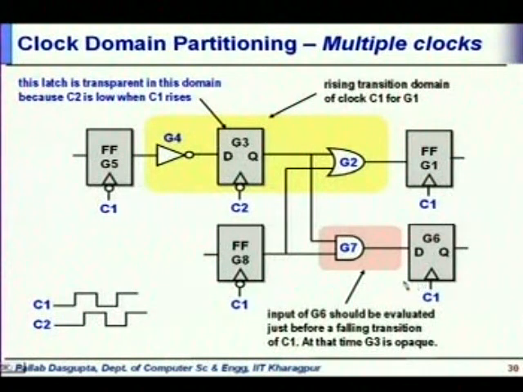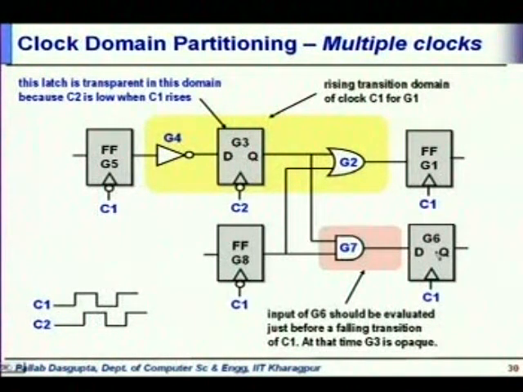When we are having a falling transition of C1, at that time this one will latch its value. This is a latch which is enabled by C1. As long as C1 is high, it is like a wire, it is not latching anything.